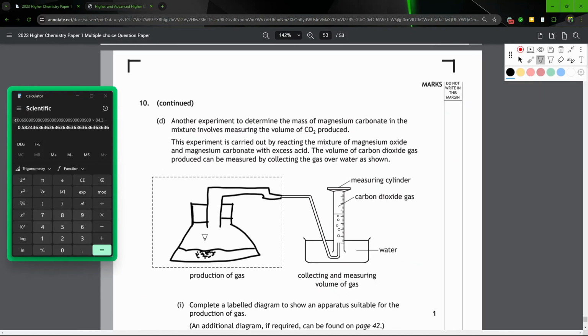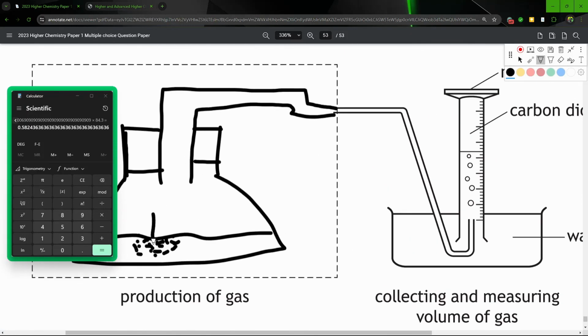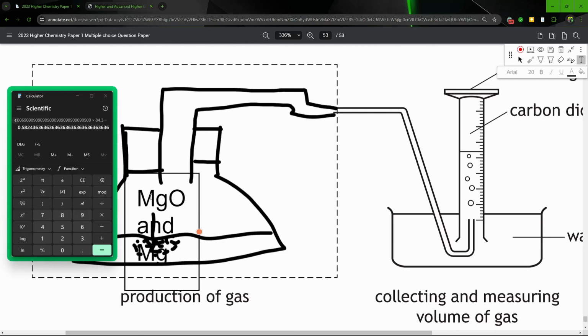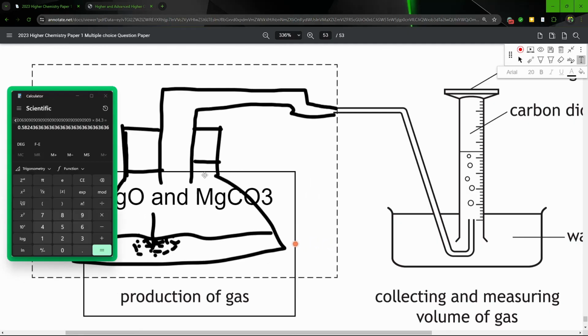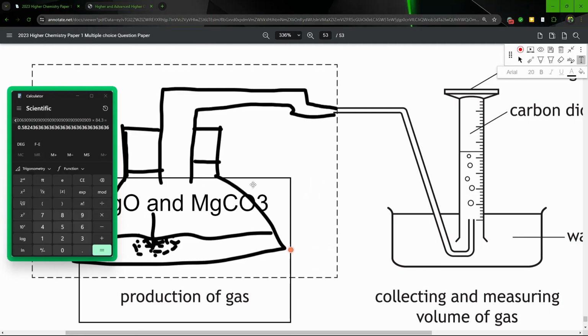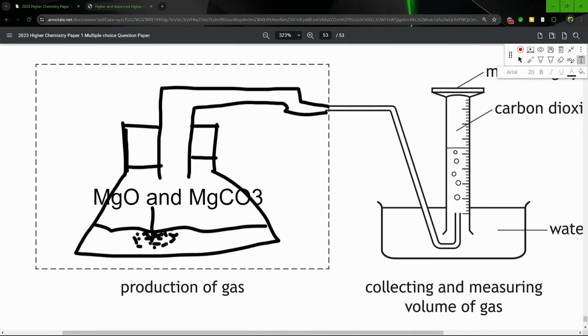Right, and then what I'm going to do is label this. So let's add a label here. This will be MgO and MgCO3, which I can make this text smaller, but here we are. That's readable-ish, and then we can say that this stuff here is acid.